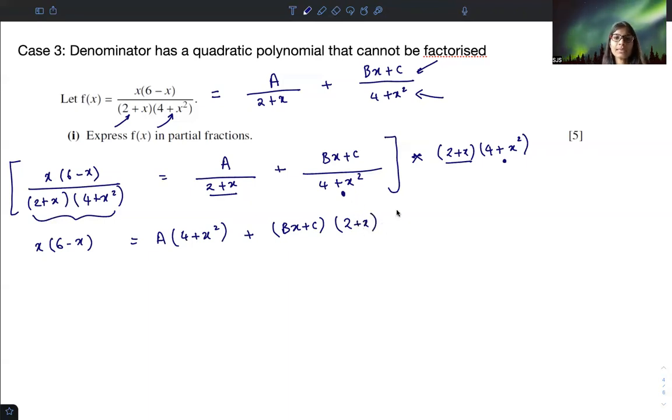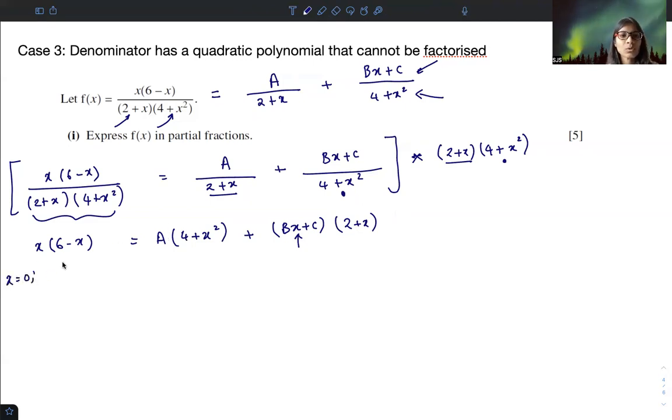Now let's find a, b, and c by using elimination. What can I substitute x as so that b is eliminated? Okay. So b is together with x. The only way to eliminate b is to make x as 0. So let's substitute x is equal to 0 on both the sides.